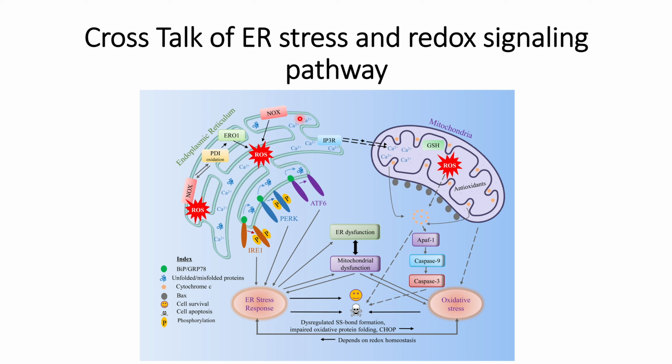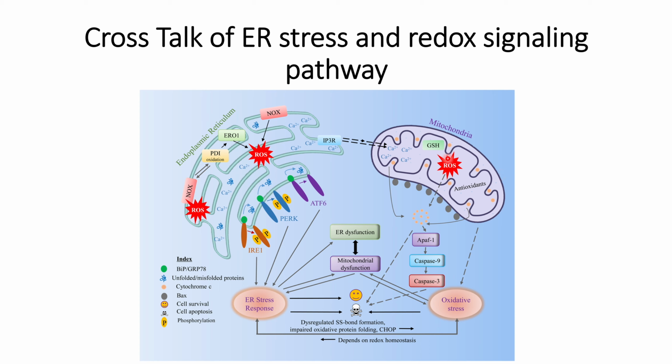Another thing that might happen is in terms of calcium. This ER stress will disrupt the calcium homeostasis that is maintained by the endoplasmic reticulum, and it will trigger a transfer of calcium to the mitochondria through the IP3R channel, which will lead to overloading of calcium within the mitochondria.